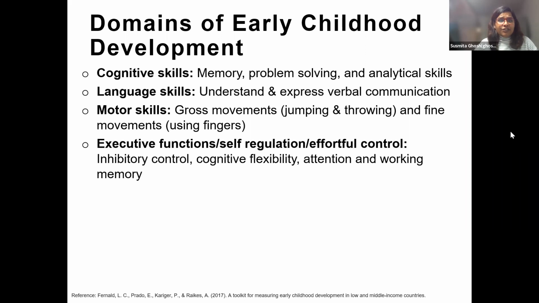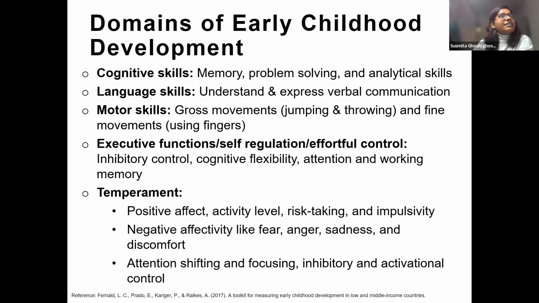And the executive function, as I mentioned, is how they intentionally control behavior and cognition. And this can be inhibitory control or cognitive flexibility or the attention and working memory. And the temperament is the biological influences on the experience and expression of emotion.